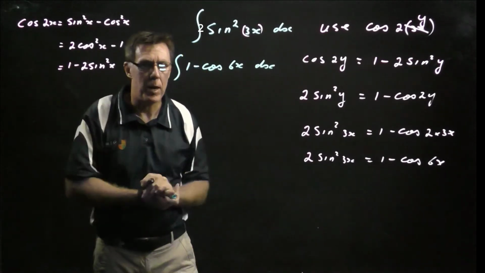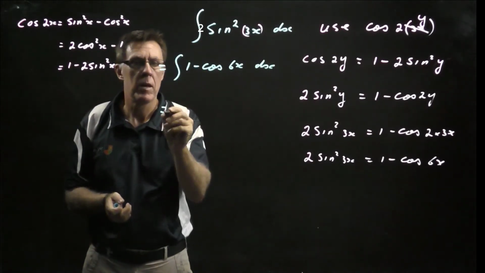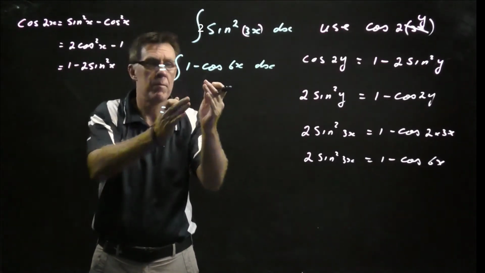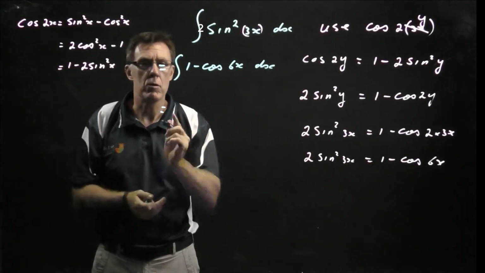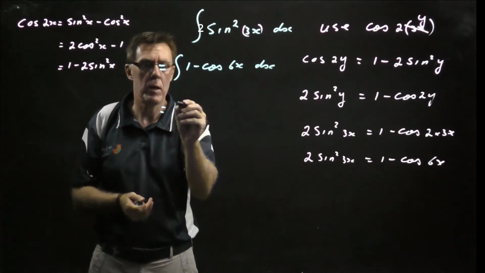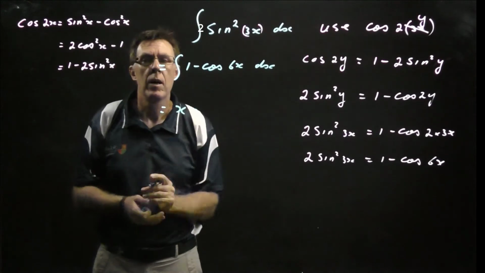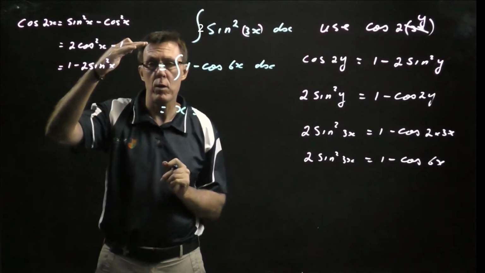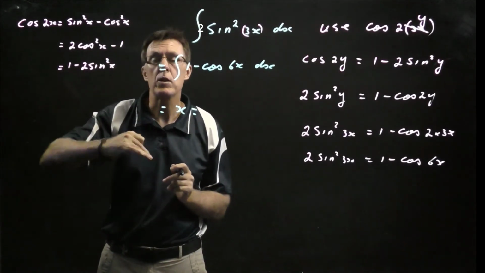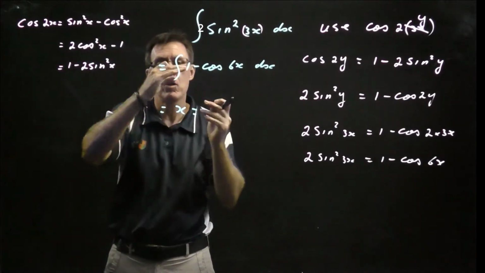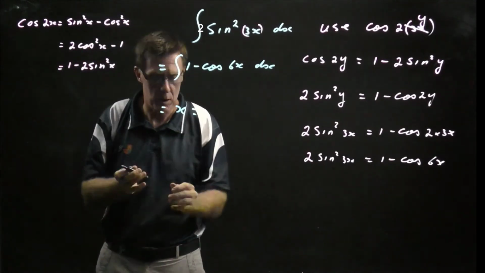Now that is a much easier integration to do. It's just 2 functions added together, integrate each of them individually. Integral of 1 with respect to x is just x. Now, we know sine differentiates to cos, so cos will integrate backwards to sine. So negative cos will integrate back to negative sine.